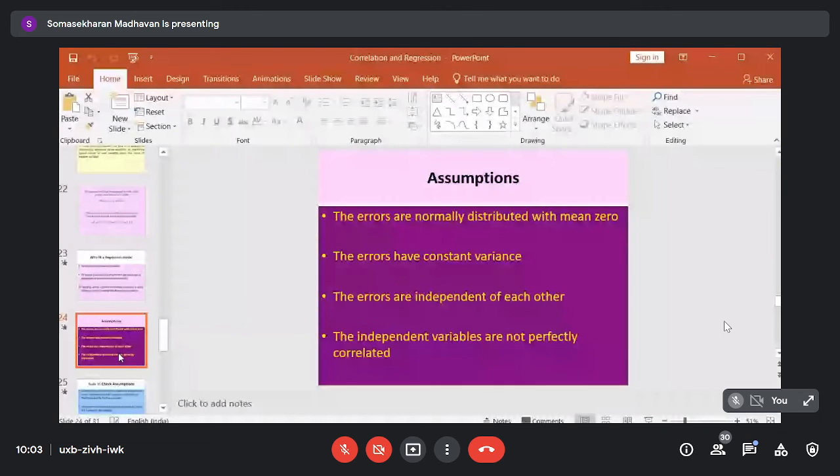These are the 4 violations of data in the case of a multiple linear regression model: non-normality, heteroscedasticity, autocorrelation, and multicollinearity. The task of constructing the model is to ensure that the data satisfies all these 4 assumptions and there is no violation.